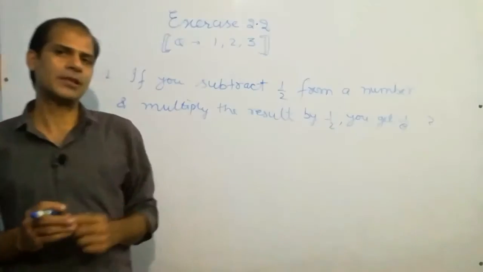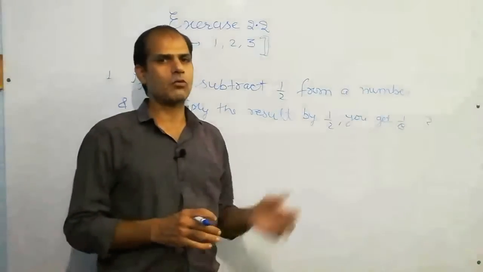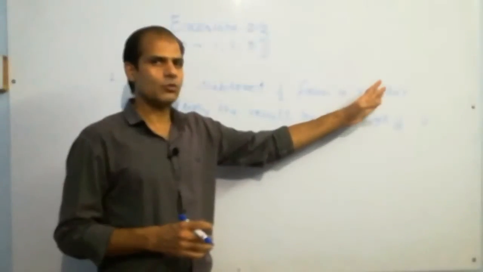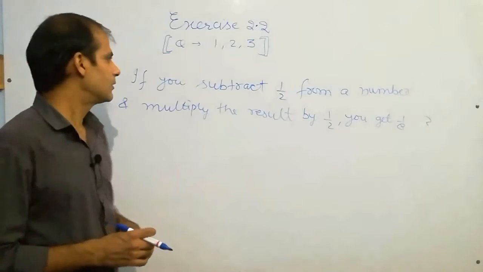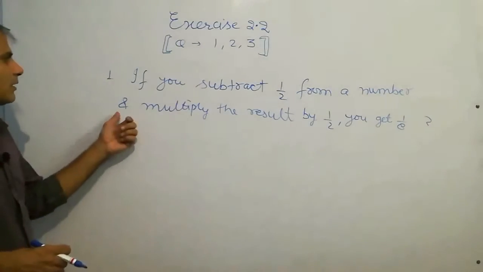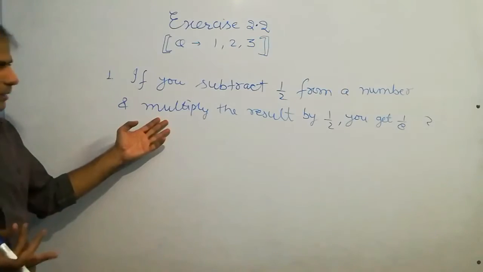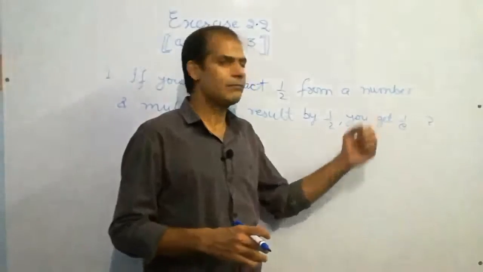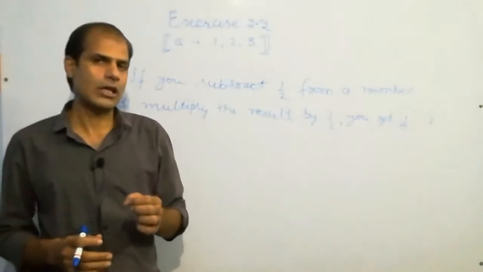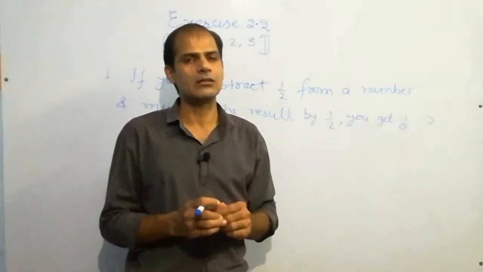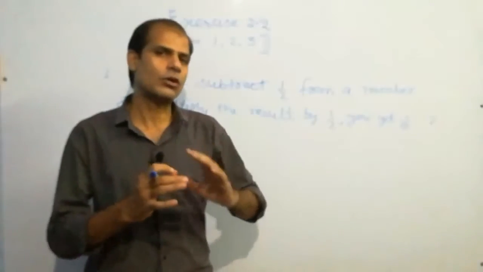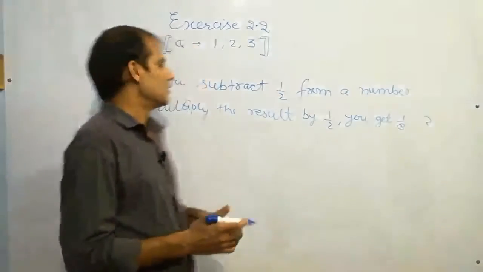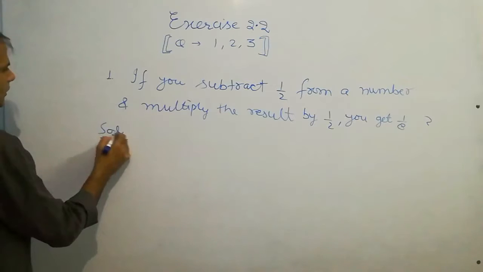So मैंने आपको एक वीडियो में बताया था from के बाद में जो भी लिखा होता है वो माइन्यूएंड होता है और ये सबट्रेंड होता है. मीन्स फ्रॉम के बाद जो मेंशन है उसको हम पहले लिखेंगे और इसको बाद में लिखेंगे. We will use minus sign and multiply. It is simple. You will multiply the result by 1 by 2. You get 1 by 8. You get means it is equal. Okay, you will convert it into equal sign. जब भी क्वेश्चन में आपको ये दिखता हो कि you get और you obtain, it means you have to write equal sign. How to solve this question?